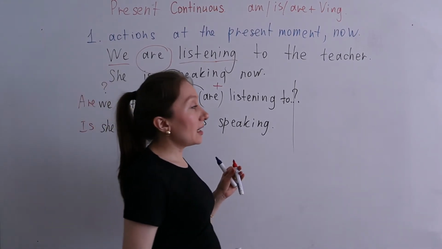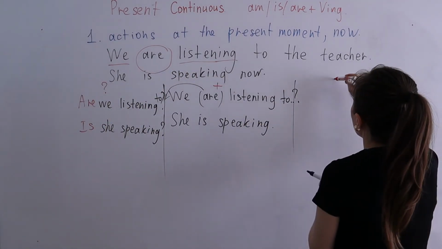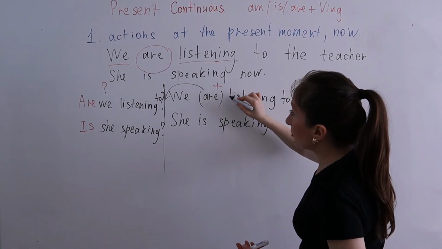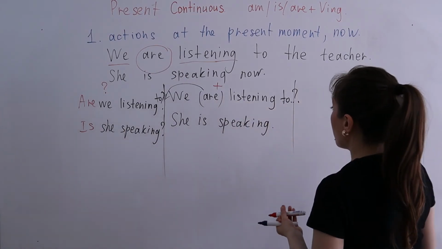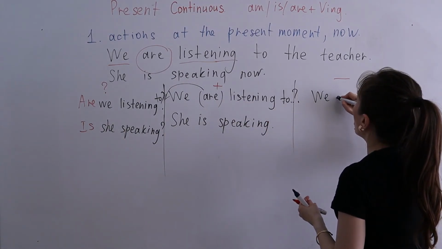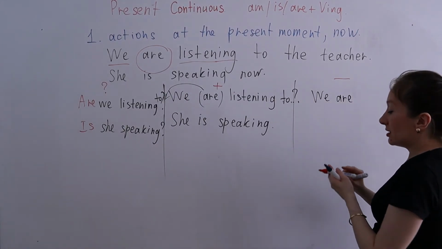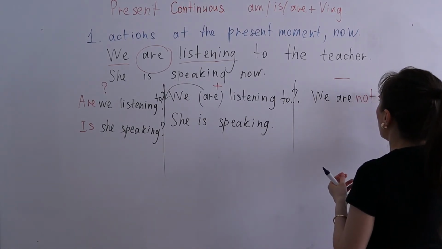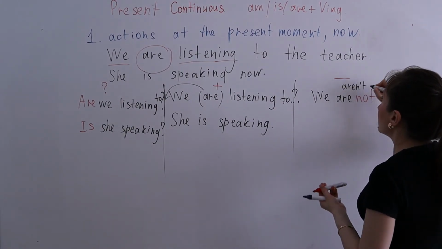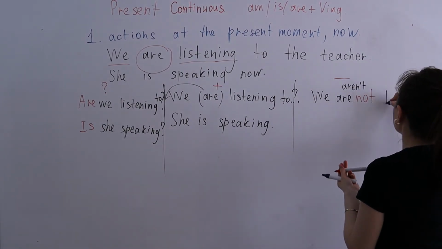And then negative sentences, very, very easy, right? You will put that negative form between these two verbs. For example, we are listening, we are not listening. Or in short, you can say we aren't listening.